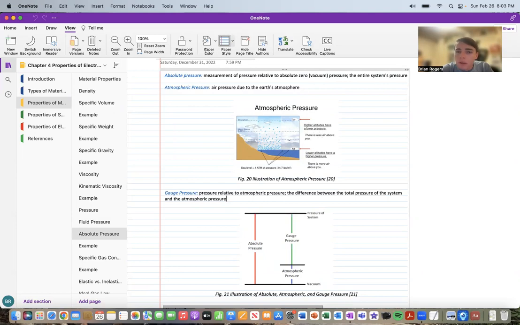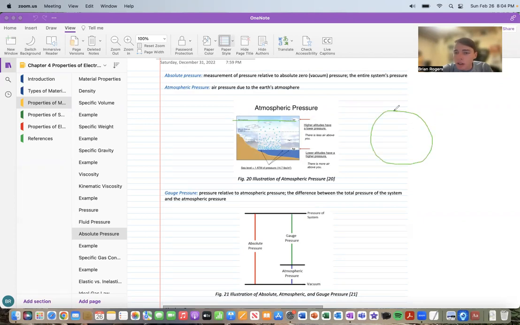What do I mean by that? When you're at higher altitudes, there's less air. Remember our Earth here? If you're at the point here, there's only this much air between you and the outer rim. But if you're down here in the center, there's more air in this gap.